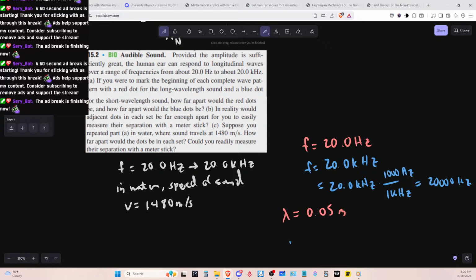And for the blue one, just leave them different colors so that way we can tell them apart. Actually, we can write it in scientific notation, so it's 5 times 10 to the 5th meters. So this is a much shorter wavelength.